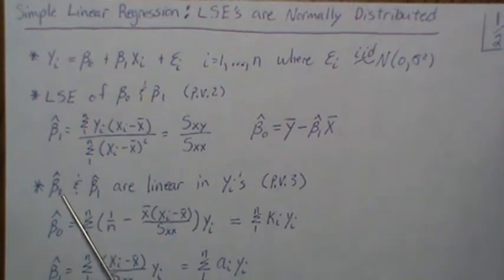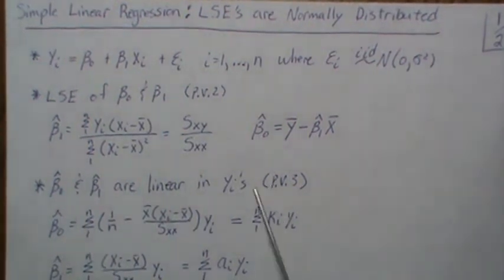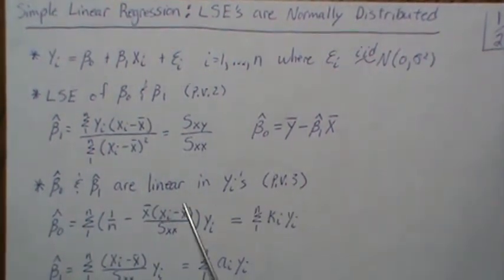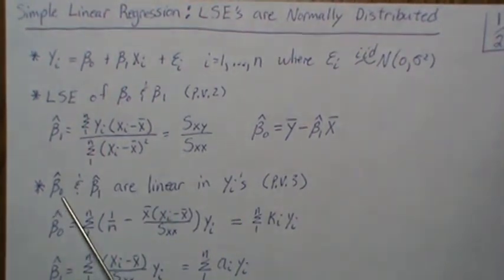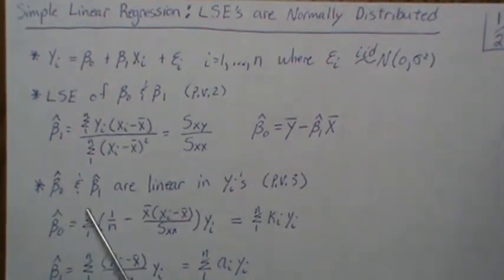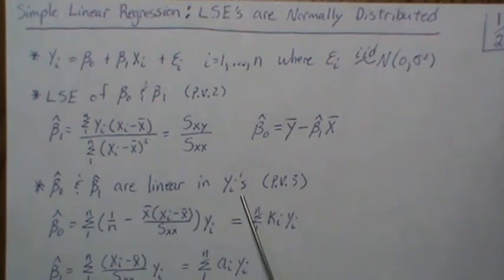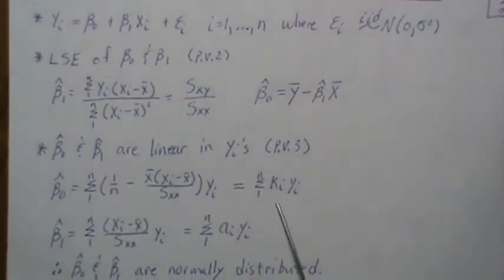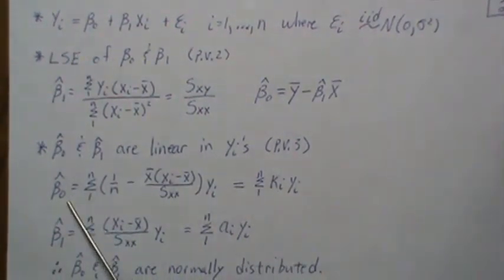Then in the next video, PV3, we showed that the least squares estimates for beta 0 and beta 1 are linear in the y's, and we showed it was this. This is a constant, and these are independent, identically distributed normal random variables.